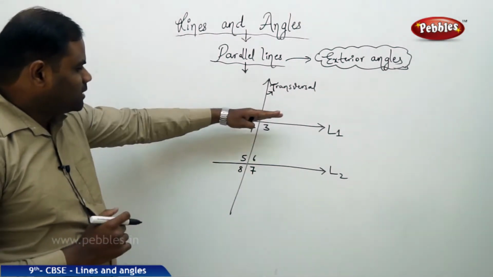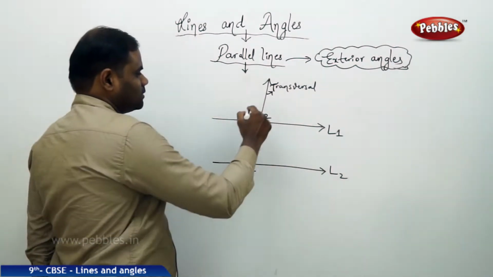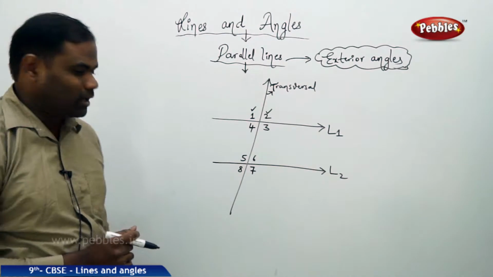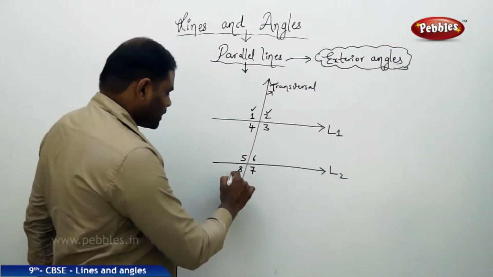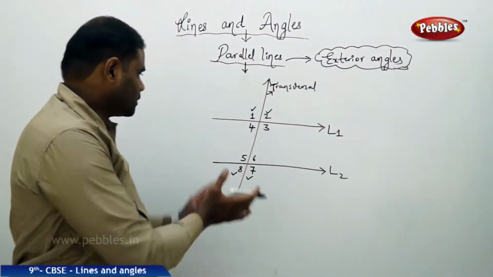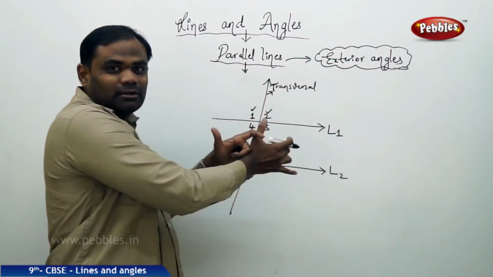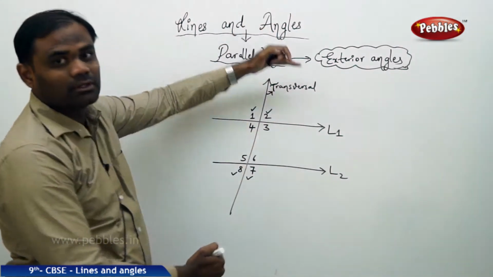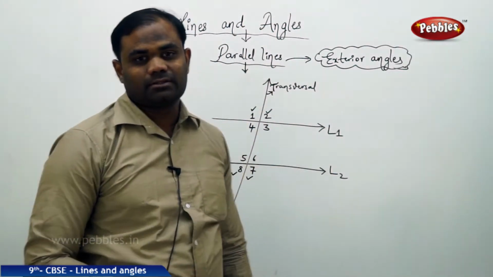Now clearly, we see that angle 1 and angle 2 are in the exterior of line L1, and angle 8 and angle 7 are in the exterior region of the line L2, wherein this is in the interior region of the parallel lines. So these 4 being on the exterior region are called the exterior angles.